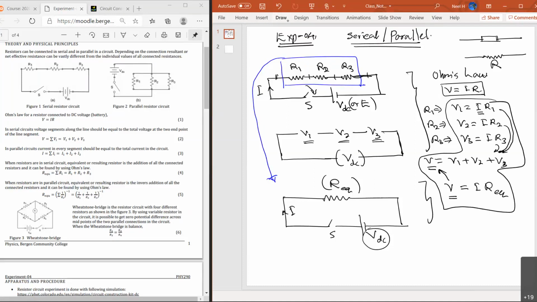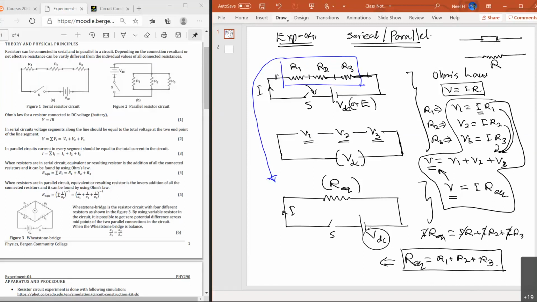Then you will get an equation that looks like this: I times R equivalent, which is equal to I times R1 plus I times R2 plus I times R3. Then I is common, cancels out. Then I will get R equivalent equals R1 plus R2 plus R3. So that is the equivalent resistance for serially connected resistors, which means generally you can write that when resistors are serially connected, equivalent resistance is the sum of all the resistances added together.